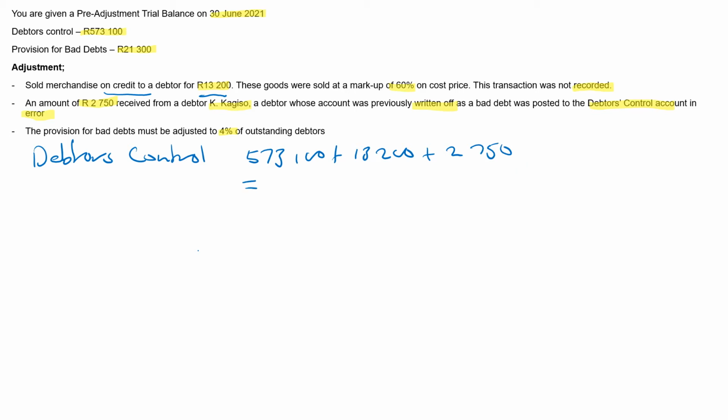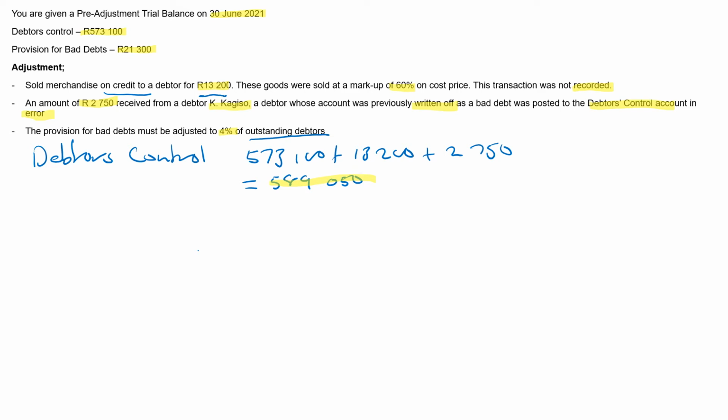If you add those, that's 573,100 plus 13,200 plus 2,750. You get 589,050. So it says now the provision for bad debts must be adjusted to 4% of outstanding debtors. So now outstanding debtors will be this adjusted figure.